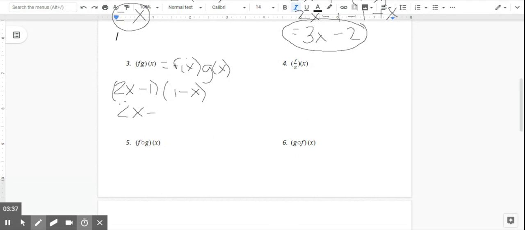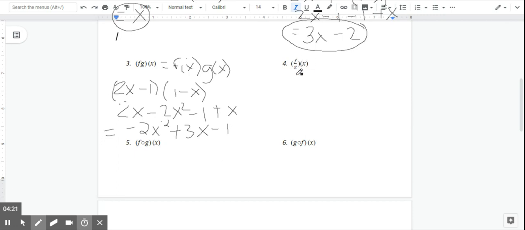For our outside, we get minus 2x squared because x times x is x squared, and we have the 2 in front. And then we do our inside. Negative 1 times 1 is negative 1. And then we do our last. So negative 1 times negative x is positive x. And then we're going to combine like terms. So we have a 2x in front and we have an x here. That gives us 3x. And we can put the x squared first just to keep things in order. And that would be my final answer.